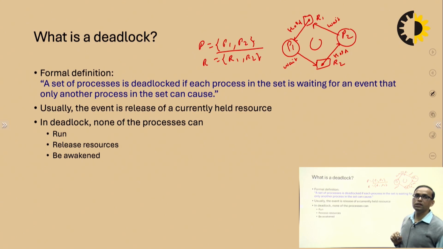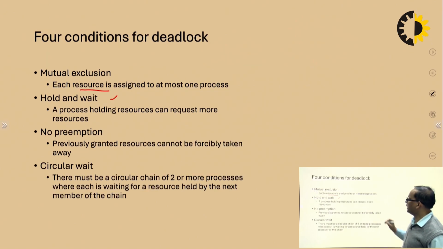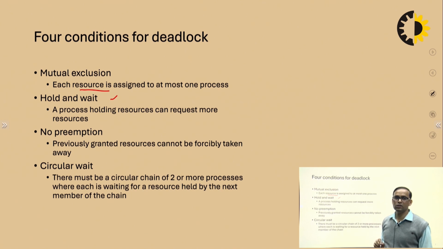So the second condition, hold and wait, holds for process P1 and also for process P2. If this condition does not exist, then there will be no deadlock. It means to state that there is a deadlock situation in the system, the hold and wait condition must also be satisfied.